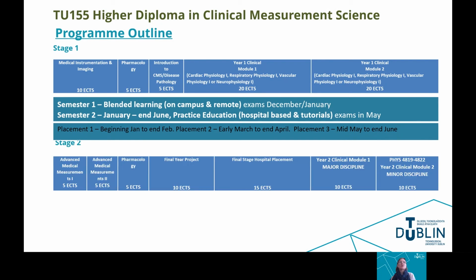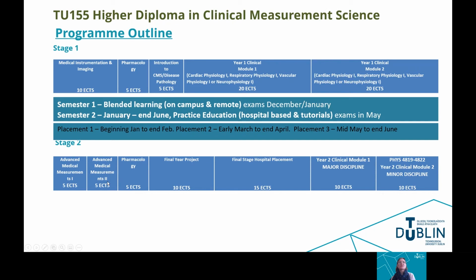Then into stage 2. We do some modules in advanced medical measurements, and this is building on the medical instrumentation. We have a further module in pharmacology, again building on the first year pharmacology. You'll choose one discipline as your major and one as your minor.